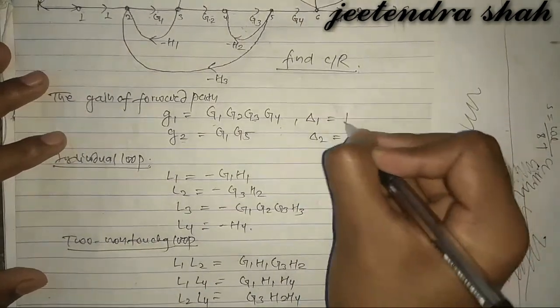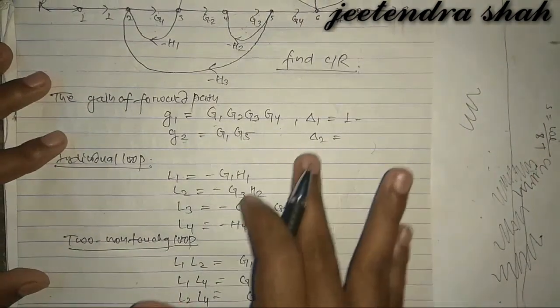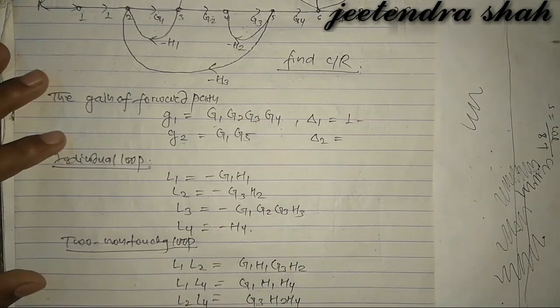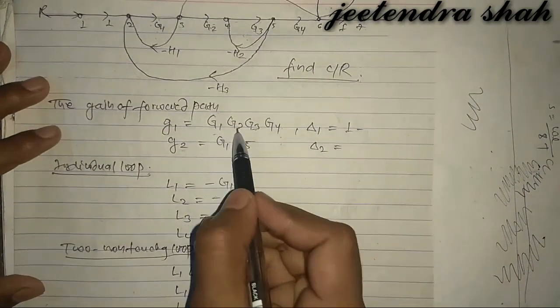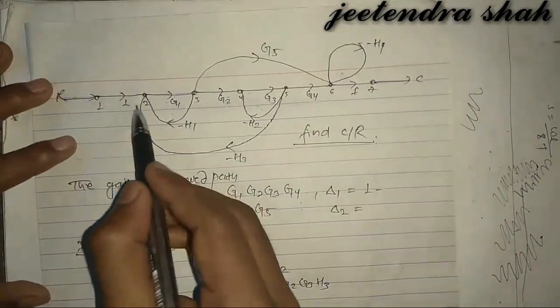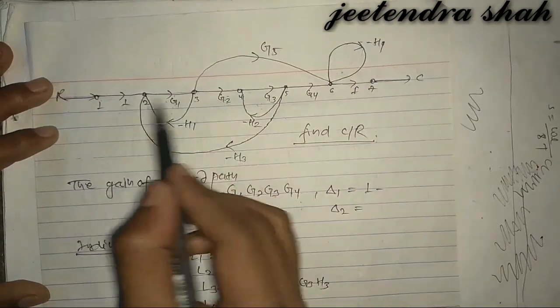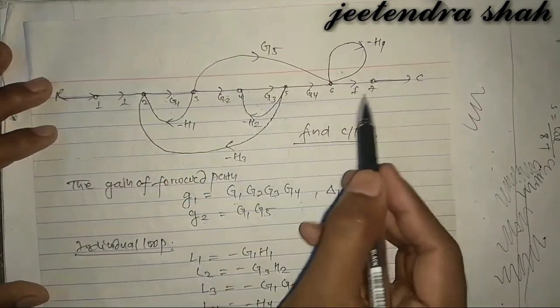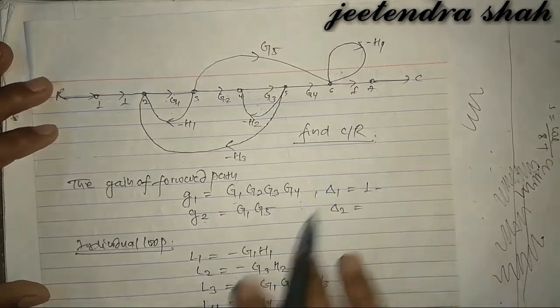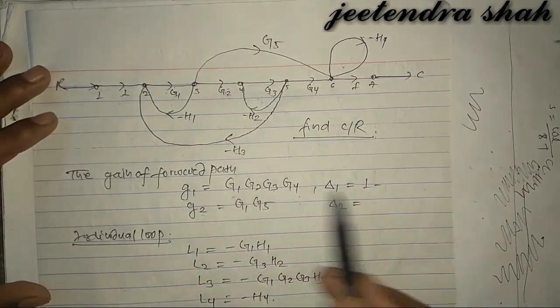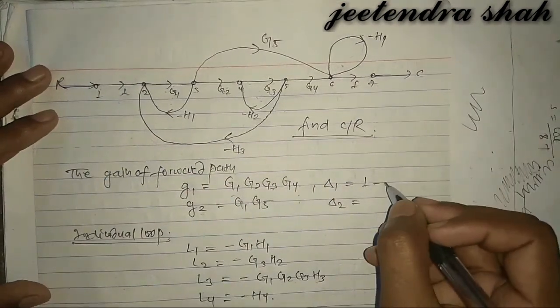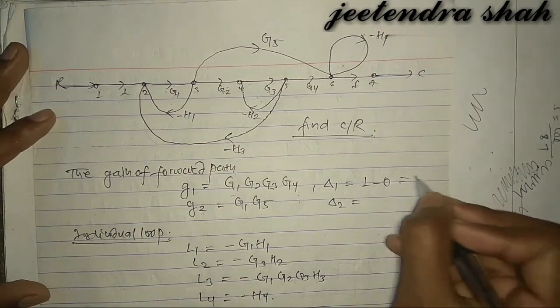For del 1 we have 1 minus the sum of all the non-touching loops. In the forward path 1 into G1 G2 G3 G4 into 1, all the loops are touching, so there is no non-touching loop. So we write 1 minus 0 equals 1.